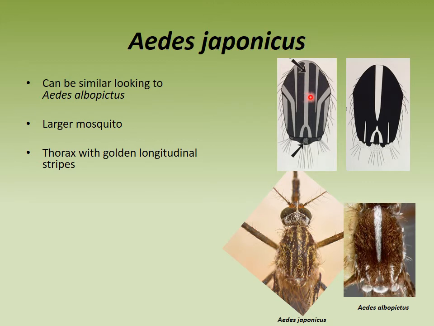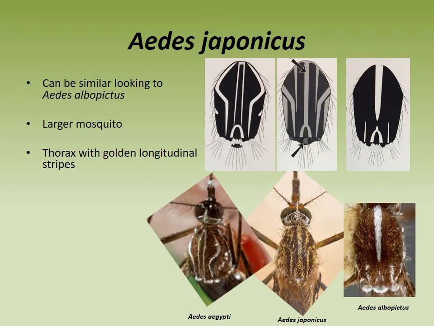But instead of being black and white like the aegypti, it has this yellowish look to it. You can see the yellowish colorations. When comparing to the albopictus in pictures, it might be difficult to discern between the two. But when you're actually looking at the two mosquitoes, they definitely have their look.